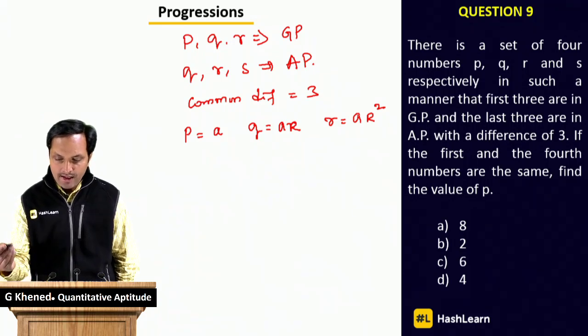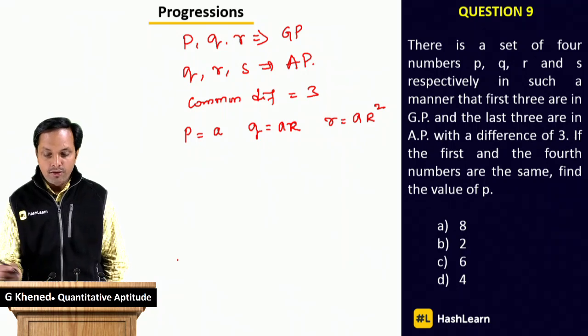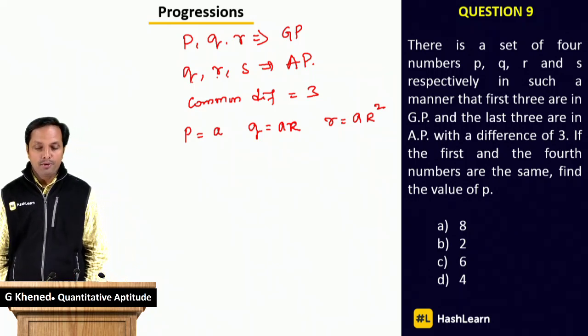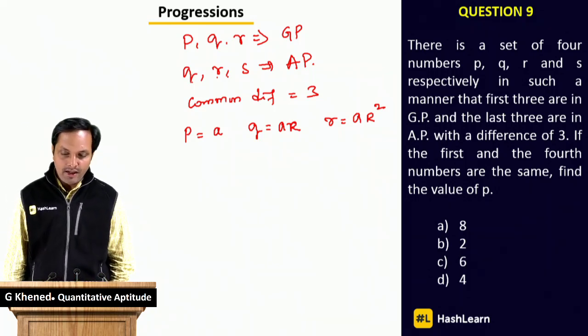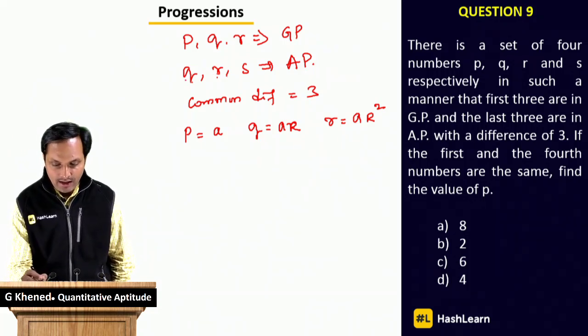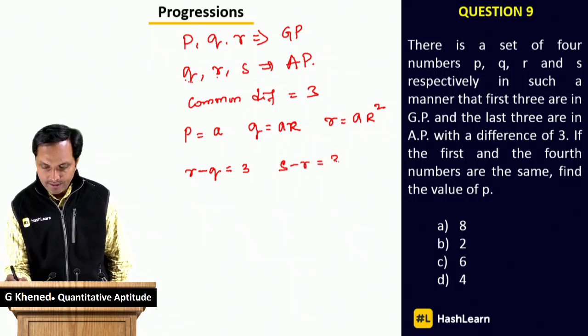And what about S? We don't know, but he is telling you that Q, R, S are in arithmetic progression. If they are in AP, you know that R minus Q, the common difference, is 3. S minus R is also 3.